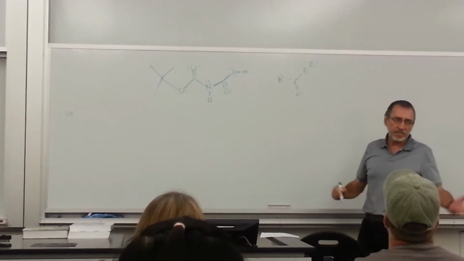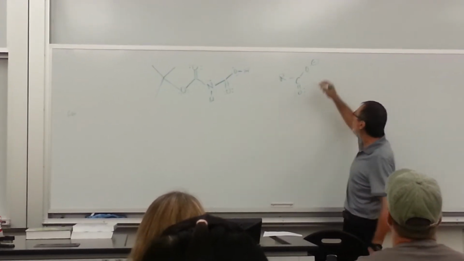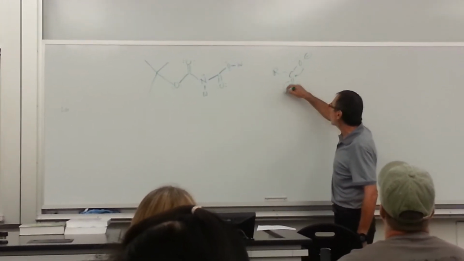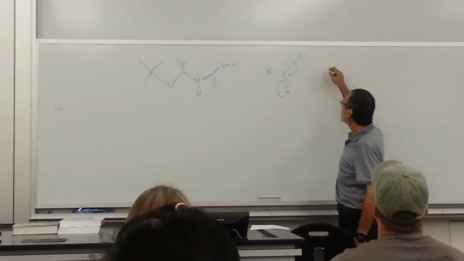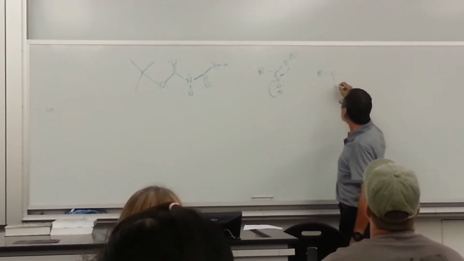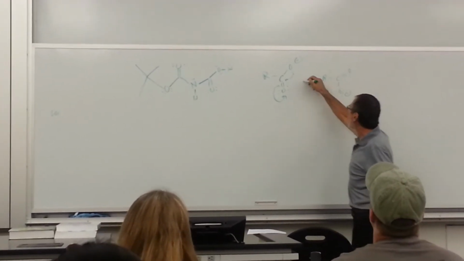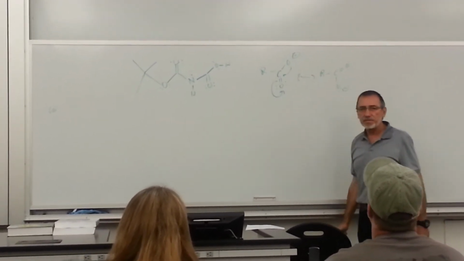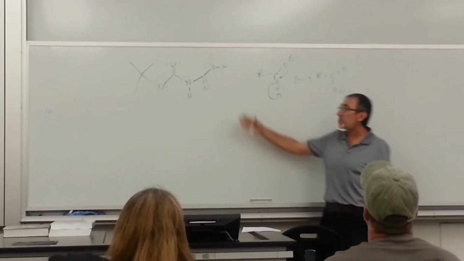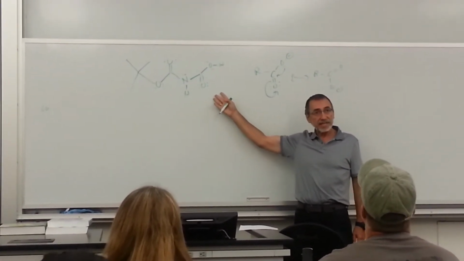Everybody could write the resonance form for this. It should not be a major issue, right? You have a pair of electrons going here, a pair of electrons coming like this. So now you're looking at a resonance form that gives you this back and forth. So therefore the conjugate base is further stabilized by resonance, so that adds to the strength of this acid.